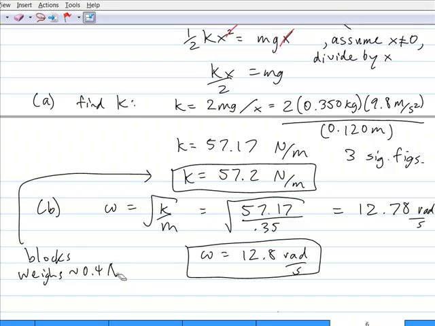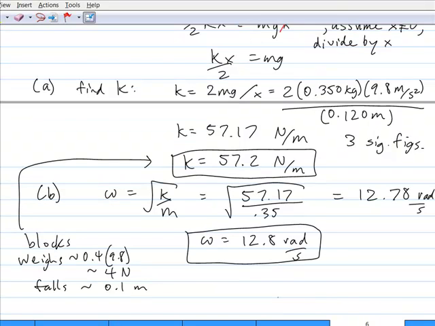So times 9.8, which is about something like 4 newtons, and falls approximately 0.1 meters. Now it actually goes a little beyond equilibrium, so equilibrium will be a little less than that. So the spring constant is equal to 4 over 0.1, just to be really approximate.